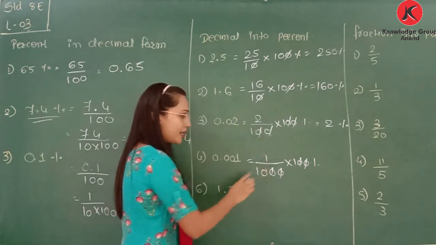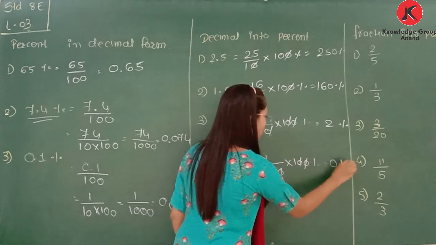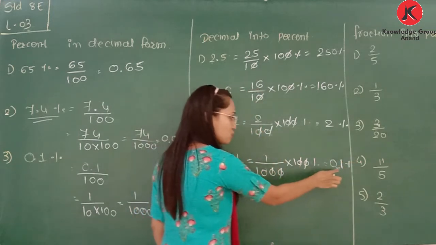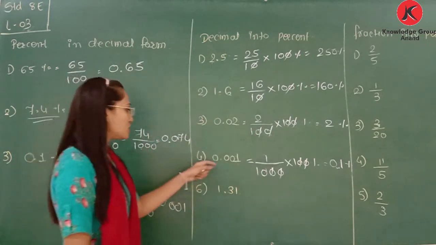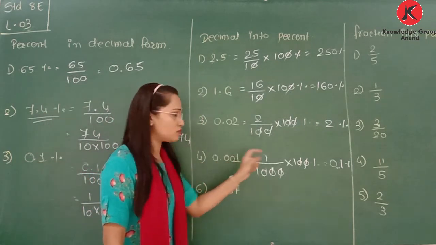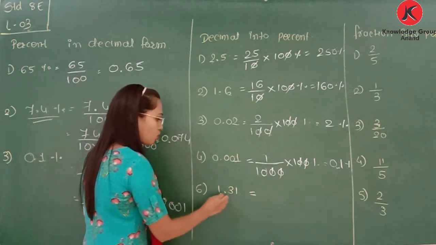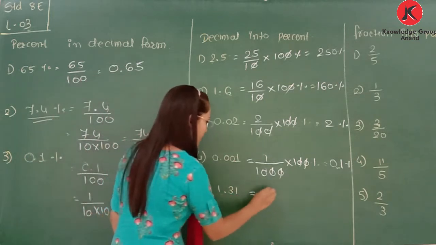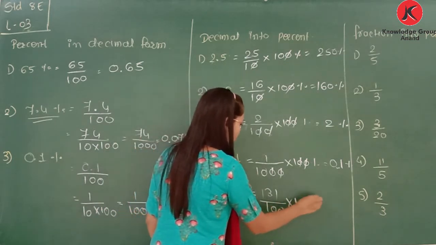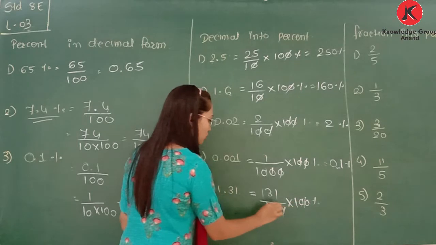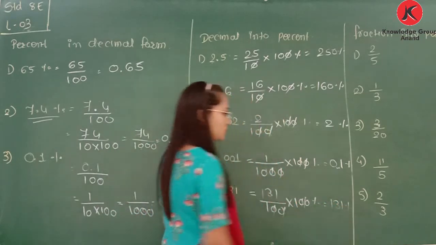Now 1 by 10 is 0.1, after that we write the percentage sign. So 0.001 is equal to 0.1%. Now again, 1.31. It is written as 131 divided by 100. Multiply with 100%, so we can cut the zeros. So it is 131%. Clear?